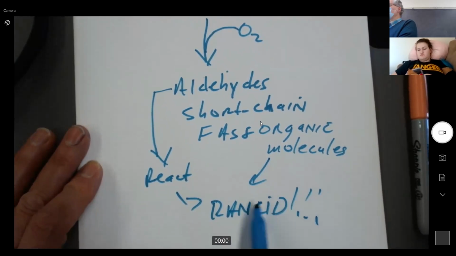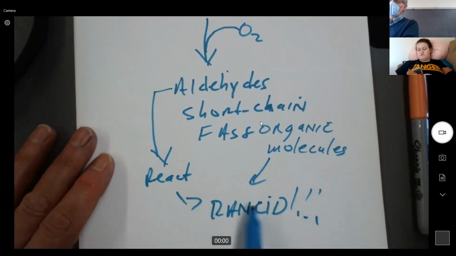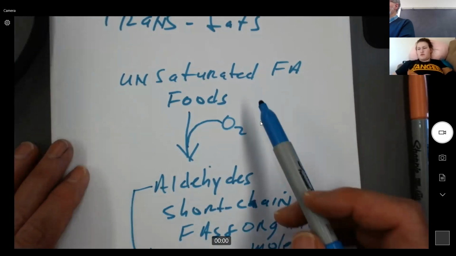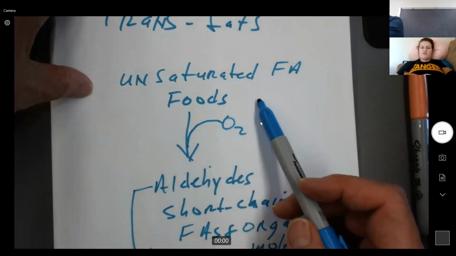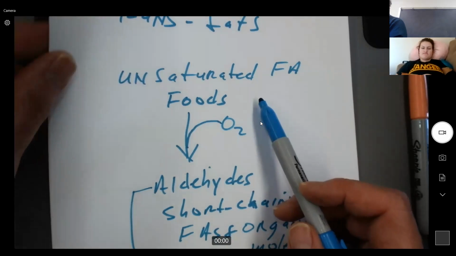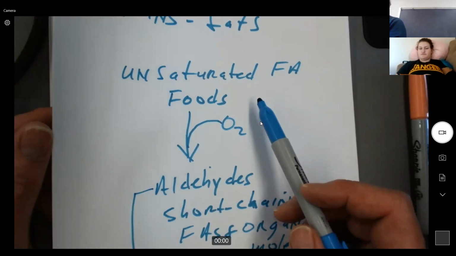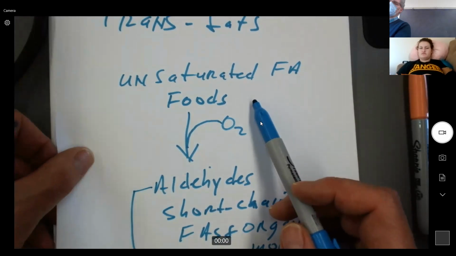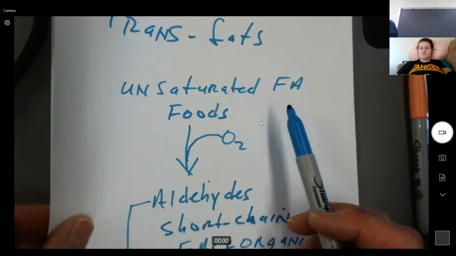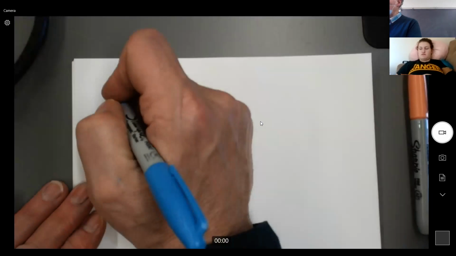So how do you increase the shelf life of the food? You reduce these double bonds. So how do you reduce double bonds? You've done reductions of double bonds in organic chemistry lab. You do a hydrogenation.